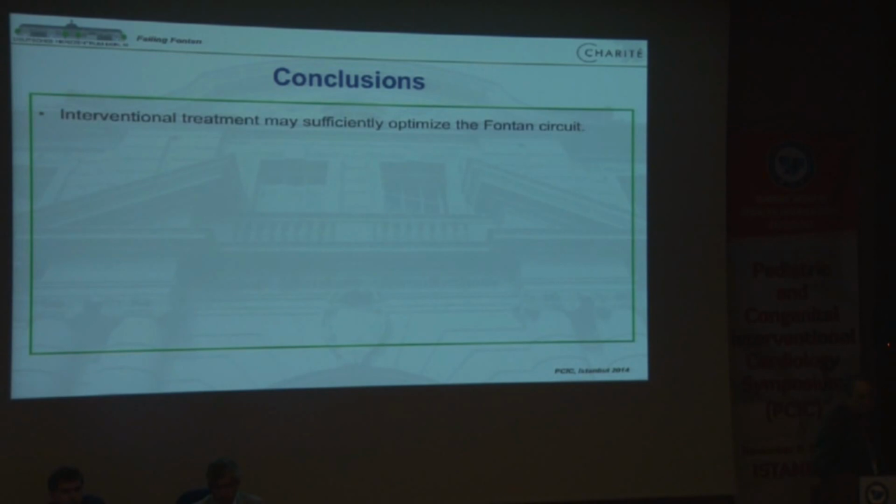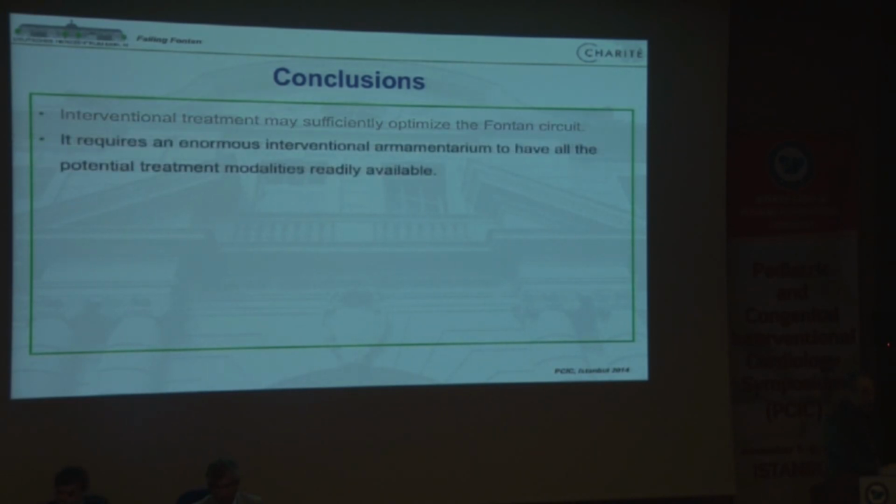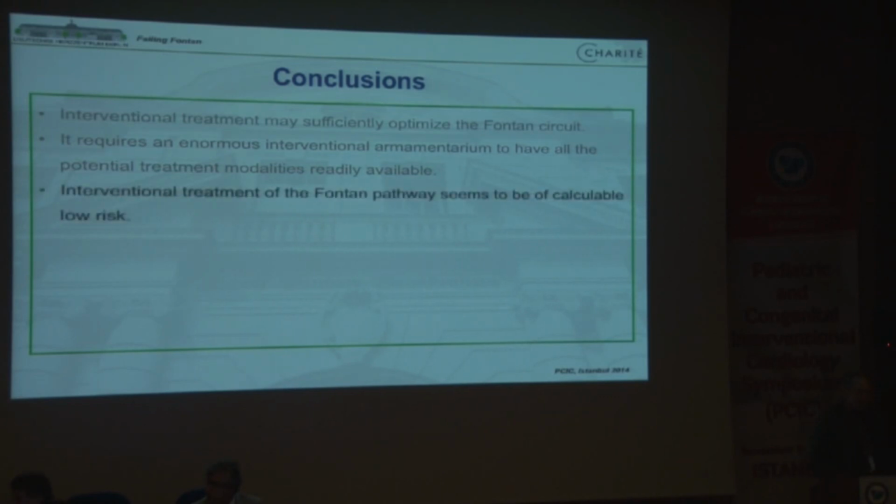So let me conclude. Interventional treatment may be very effective to optimize the Fontan circuit, especially also in failing Fontan circulations. It requires an enormous interventional armamentarium, and it requires very flexible thinking and flexible decision making, especially if you need to access atypical positions which are normally not accessed via the standard way.